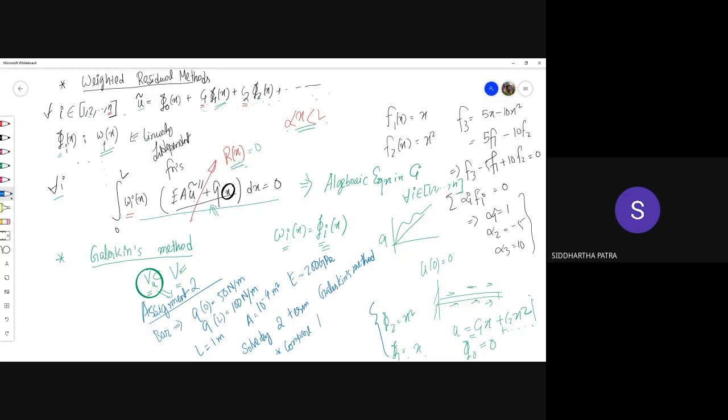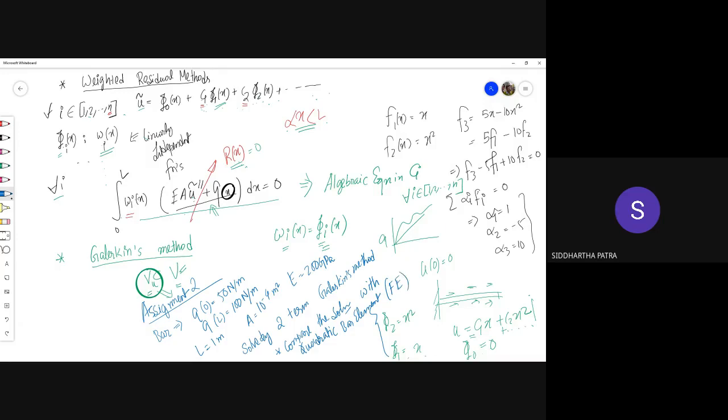Compare the solution with the solution from quadratic bar element in FE.